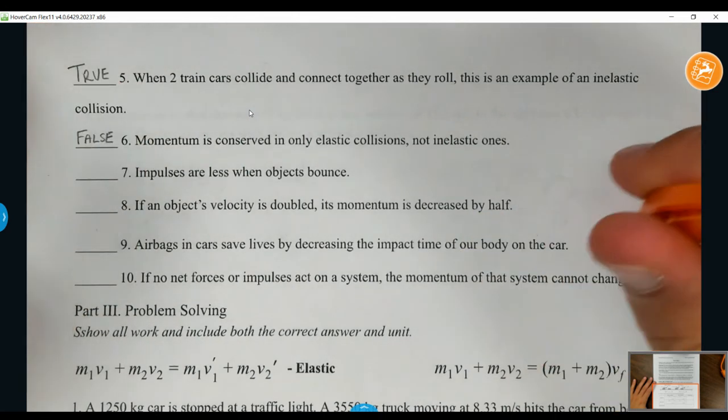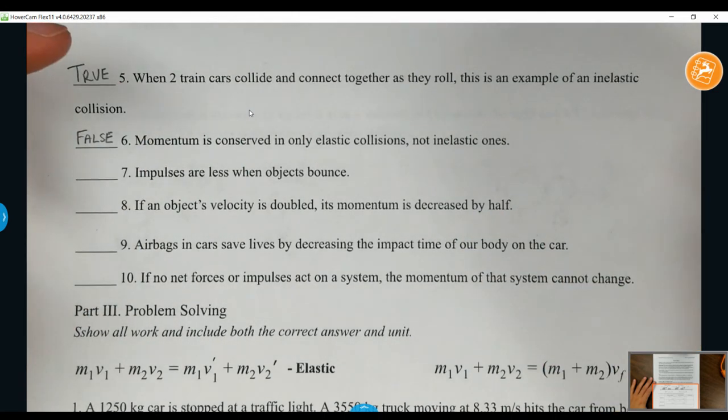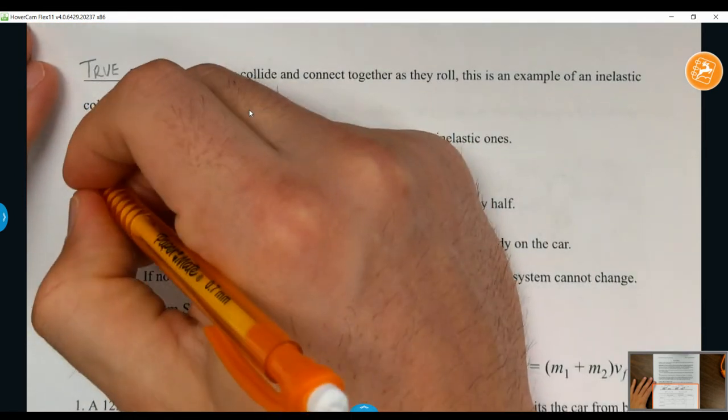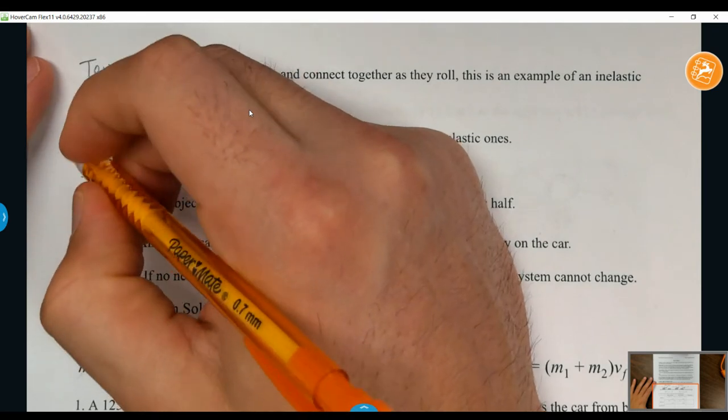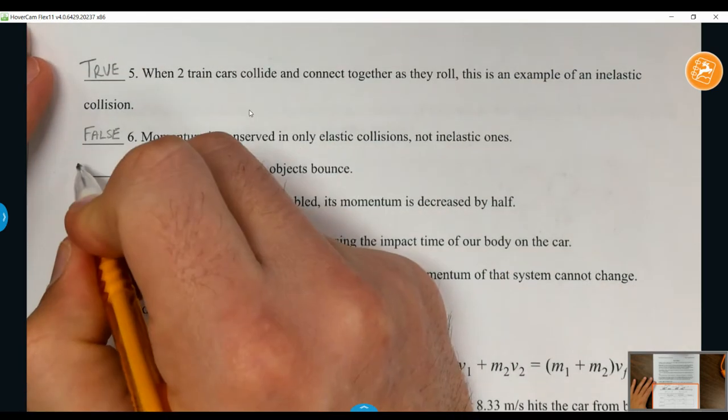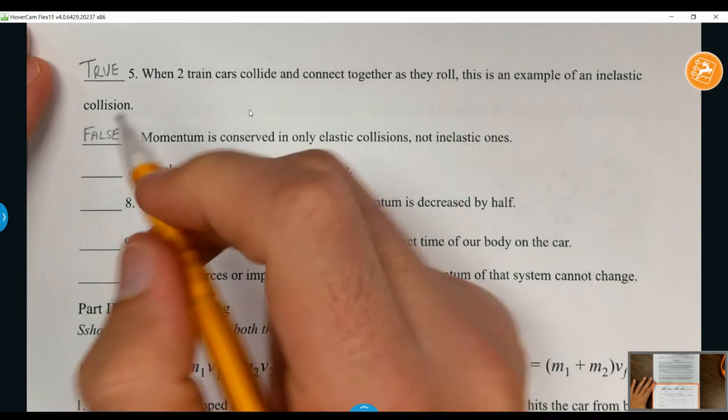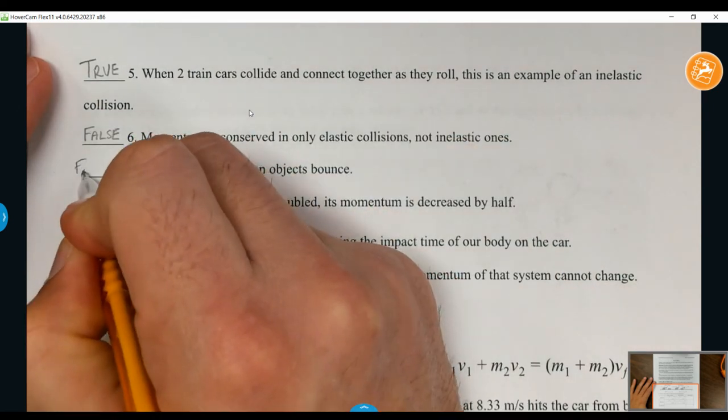Same mass, they both have the same velocity originally, so they're both going to have the same change in momentum. So the impulse is going to be the same. One of them is going to have a longer period of time where it's changing. So in that case, it is false. The impulses would be the same, regardless.